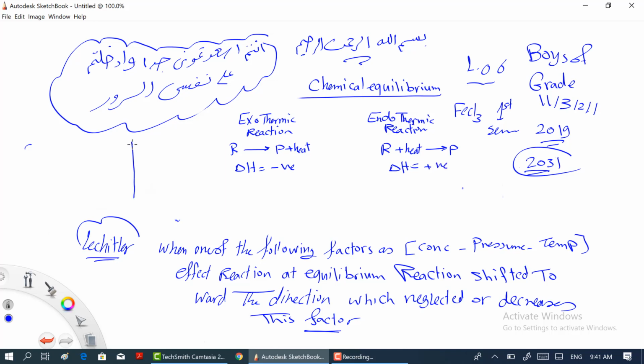The shape of the graph for exo we'll find like this. Reactant, product, the energy of the product is less than the energy of the reactant.